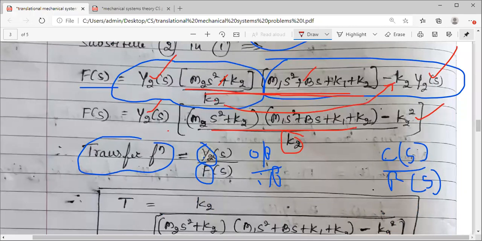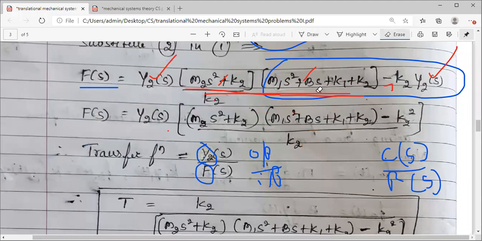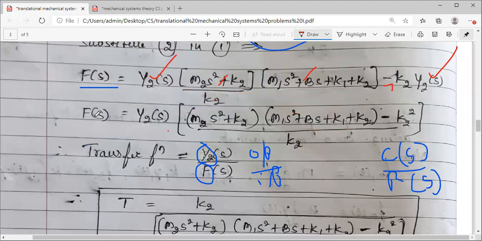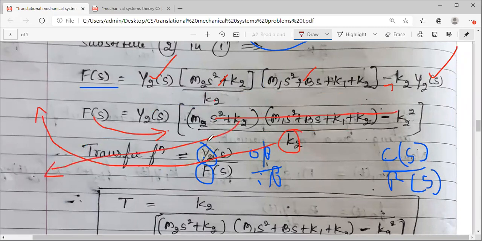Transfer function is output by input, that is y2 by f. So just rearrange the terms here. What you do, whatever equation we have got now, इस force को denominator में लेके जाओ, इस k2 को इधर लेके जाओ, LHS numerator, and this complete thing take it to the denominator. If you rearrange this equation, you will get y2 by f.